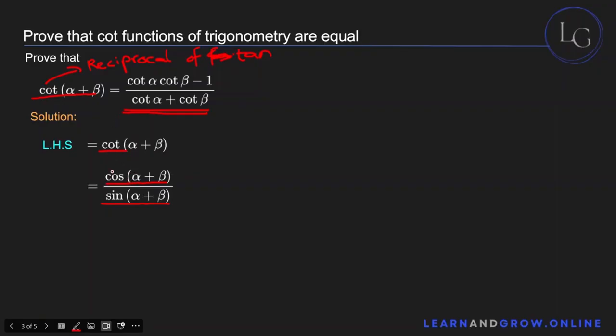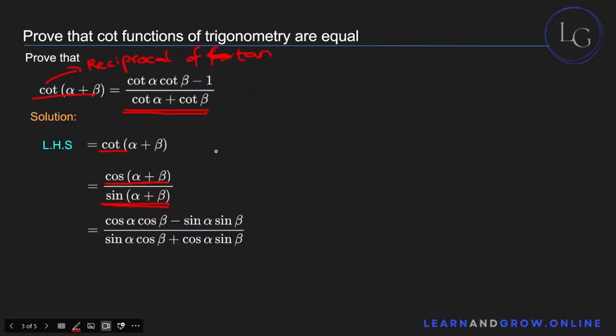Okay, so now that you have this, you can apply the trigonometric identities for the cos a plus b function and the sine a plus b function in the numerator and denominator respectively. And so you end up with this. Okay, so cos a plus b is equal to cos a cos b minus sine a sine b, and sine a plus b is equal to sine a cos b plus cos a sine b.